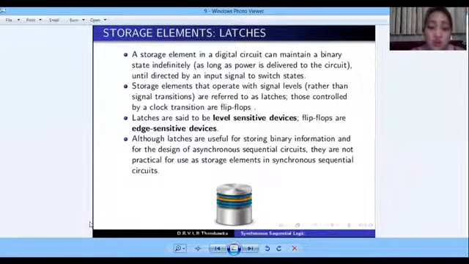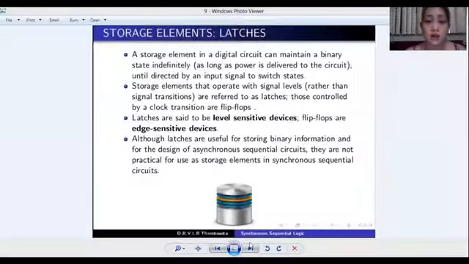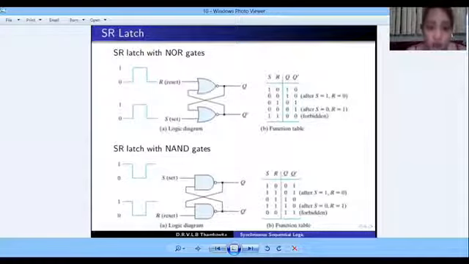in synchronous sequential circuit. We have 2 types of latches, the SR latch with NOR gate and SR latch with NAND gate. What are the differences between the two? The differences are when you're going to use a NOR gate as latch, the reset input should be where the Q should be the output, while the set should be the Q bar.